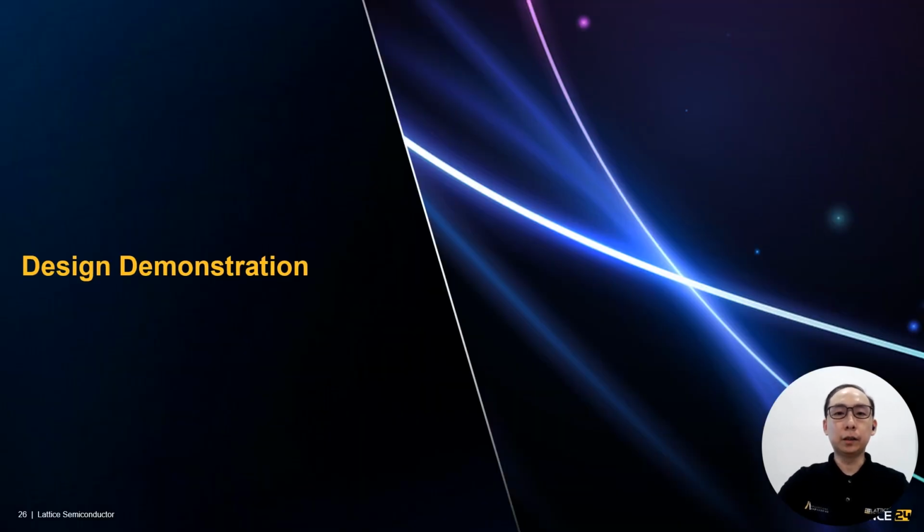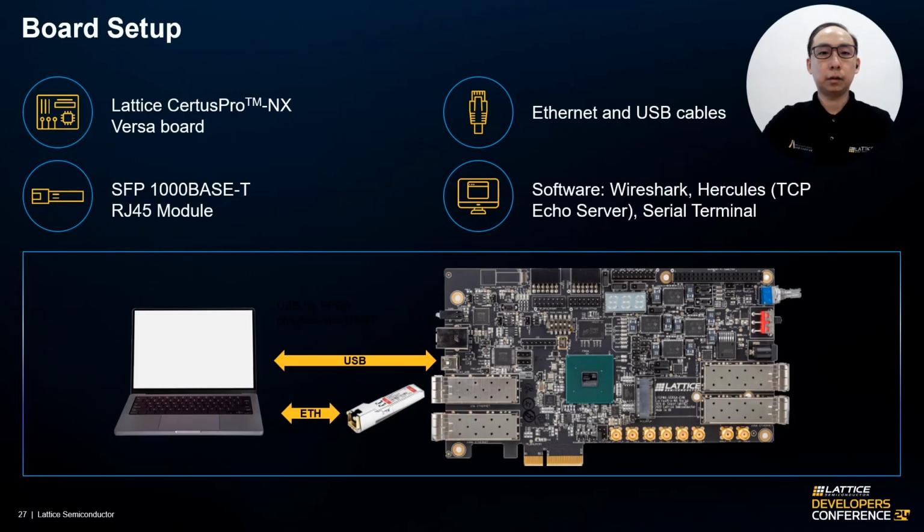We have discussed the GSRD and the software architecture for FreeRTOS TCP+. Now, let's look at how all these are put together in the design demonstration. In this demonstration, we are using the Lattice Certus-Pro NX Versa board as shown in the diagram here.